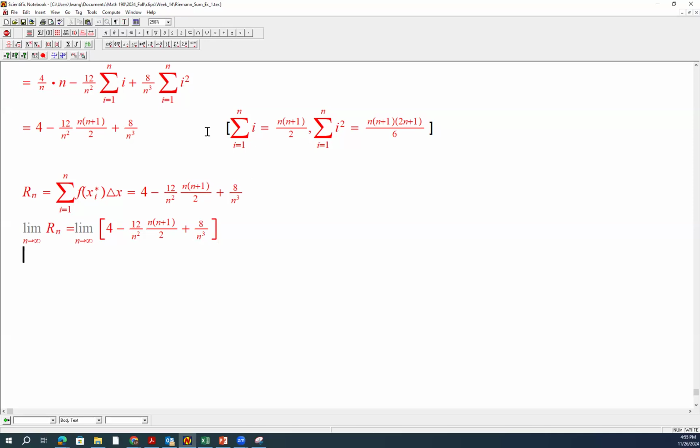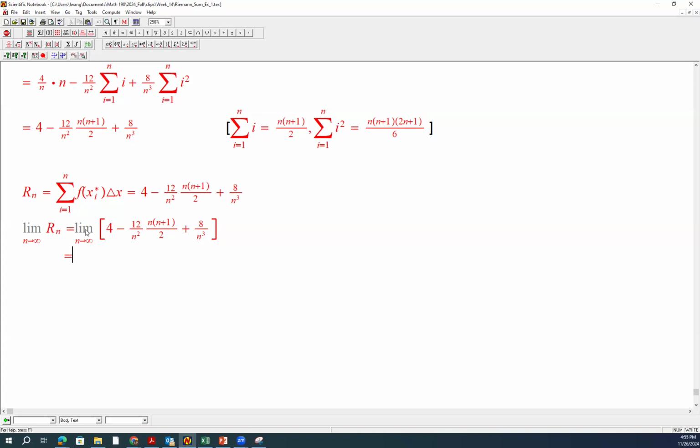There we go. All right. And then, can we take the limit piece by piece? Well, to apply that limit law, we have to guarantee that for every little piece, the limit exists.